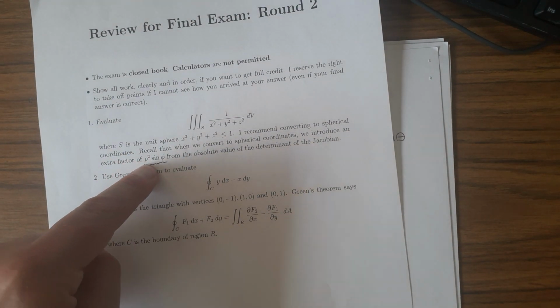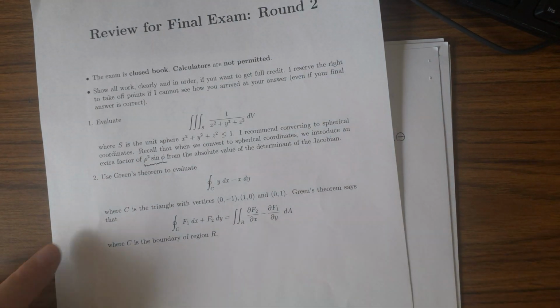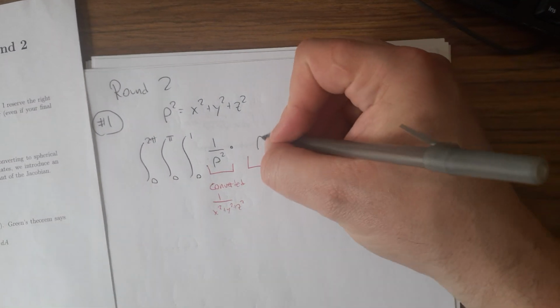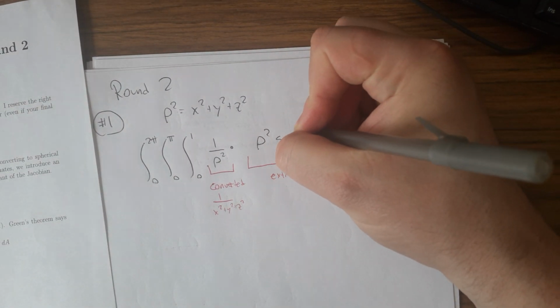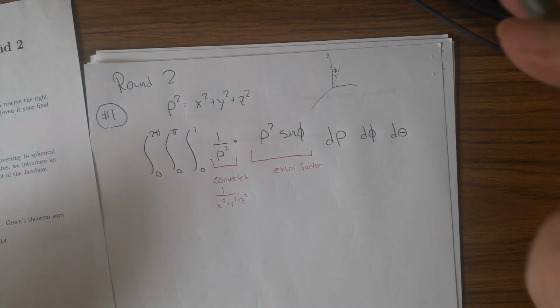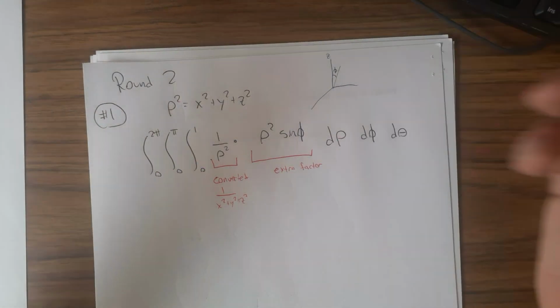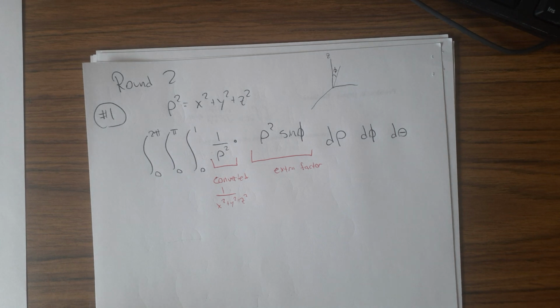You just need to know that it's rho squared sine phi, and I plan to tell you that. So there we go. It is fully set up. We just have to evaluate it.